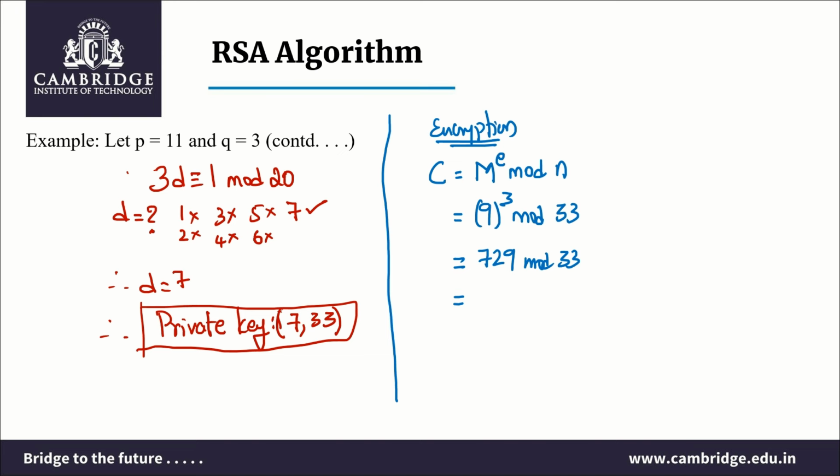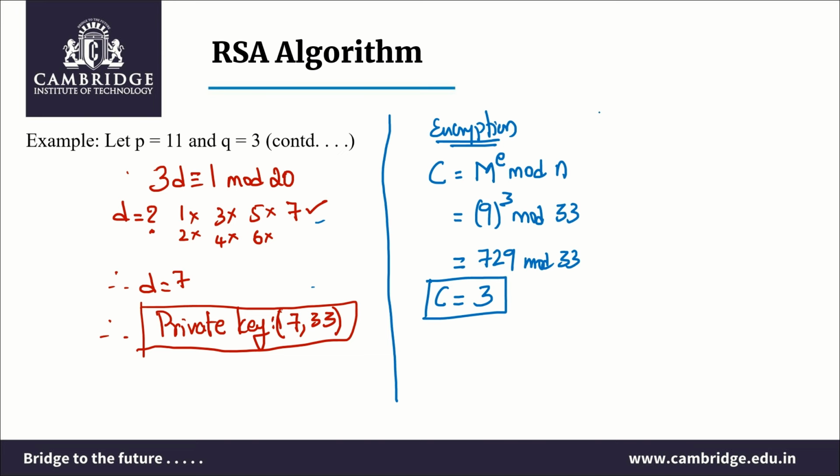When I do 729 mod 33, what do I get? I'm going to get 3. The ciphertext is 3. Now I have got my ciphertext.